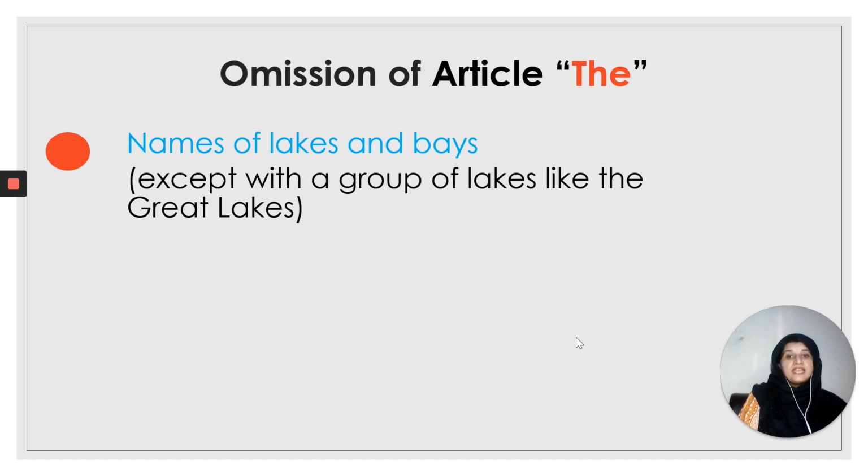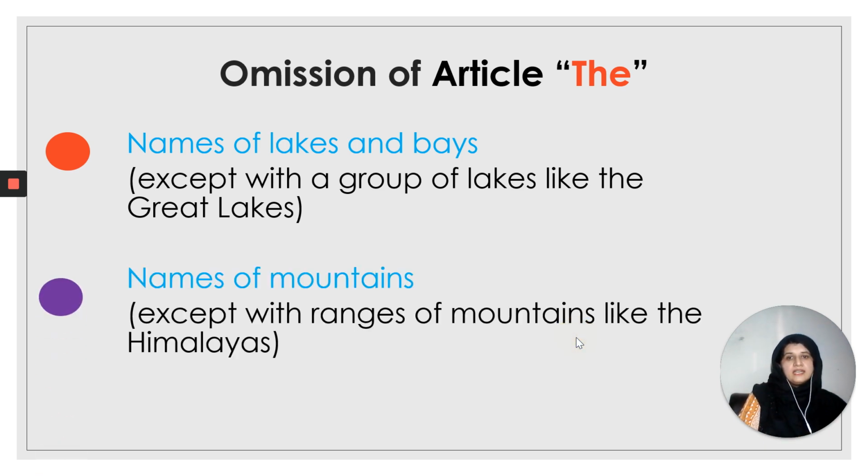And names of lakes and bays, except with a group of lakes like the Great Lakes. यानी अगर group होगा lakes का या bays का, तो उनके साथ हम article लगाएंगे, लेकिन individual lakes के साथ हम article नहीं लगाएंगे. Names of mountains, again the same rule.